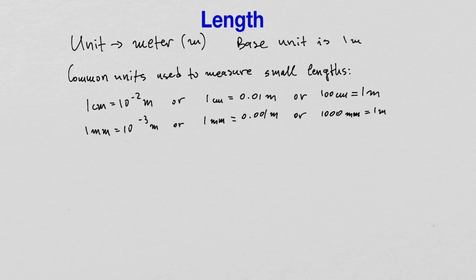So all of these are equivalent, meaning these representations between the centimeter and the meter are all equivalent, and these representations between the millimeter and the meter are all equivalent, just written in a different way.